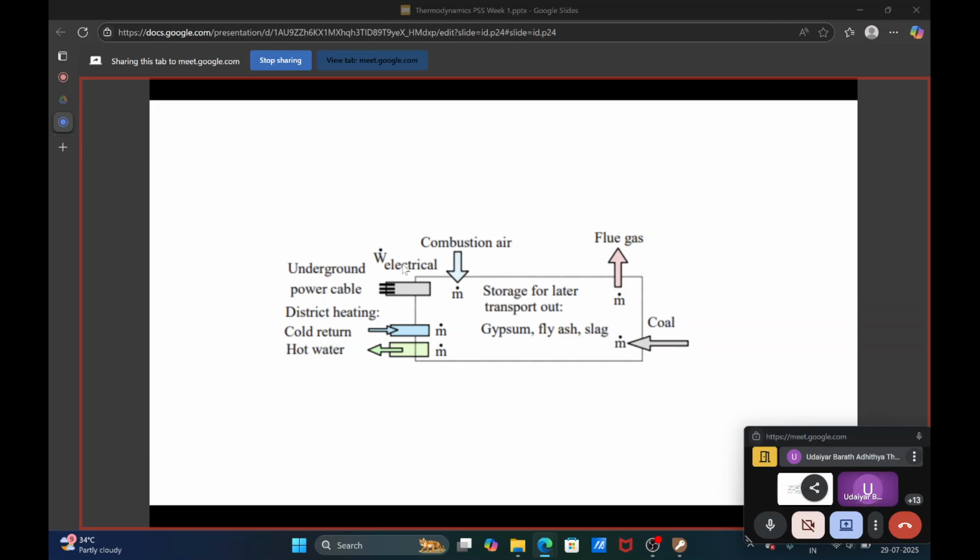This is a power plant, so it will generate electricity. The electrical work going out is your energy transfer. If you see the whole system, you can treat it as a control mass and apply the same energy balances and mass balances. You can do it for a single component, or you can do it for the whole plant as well.